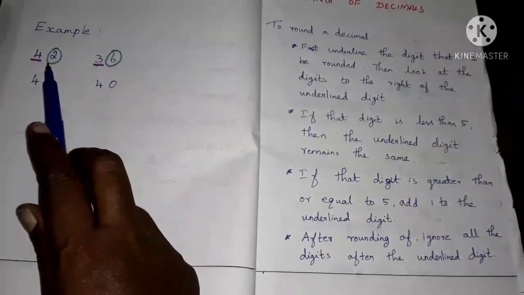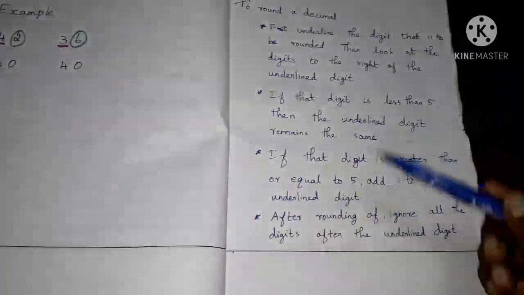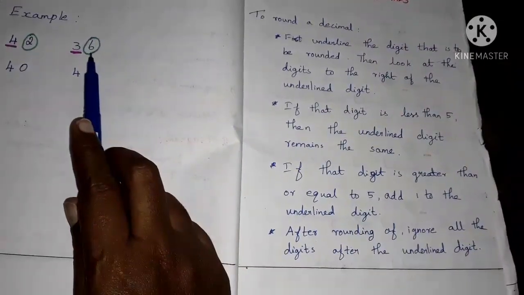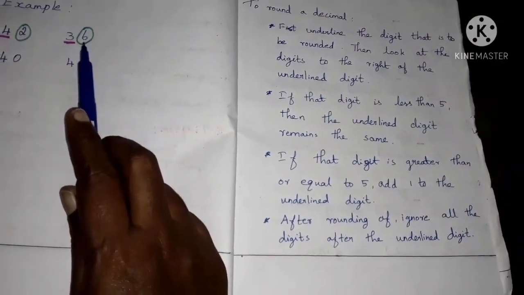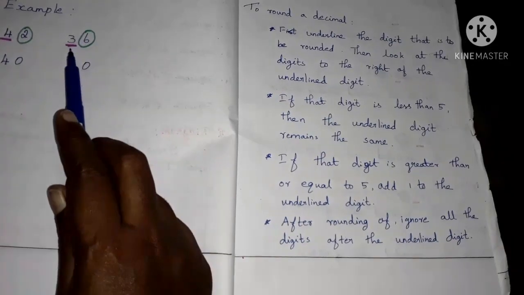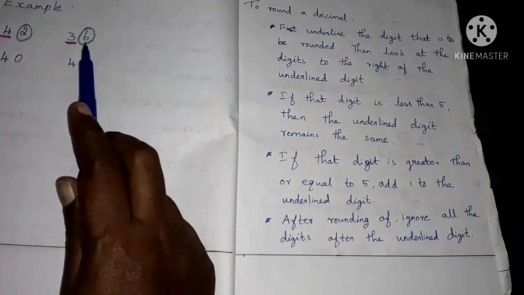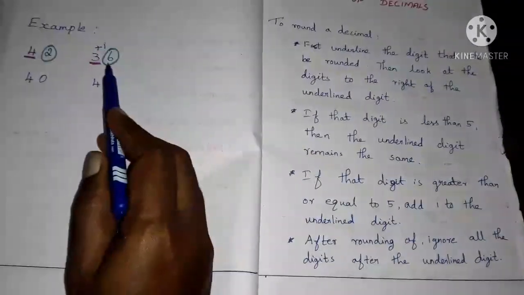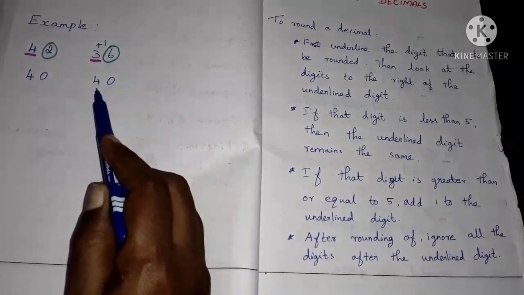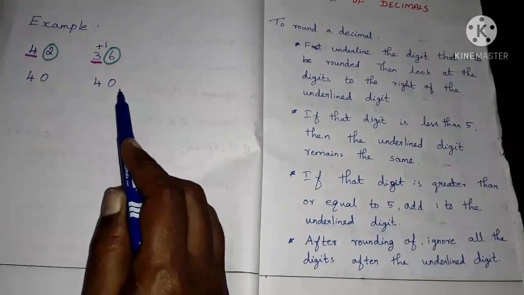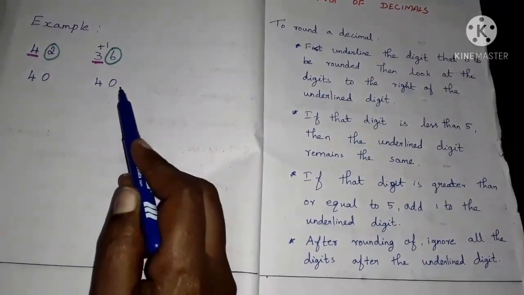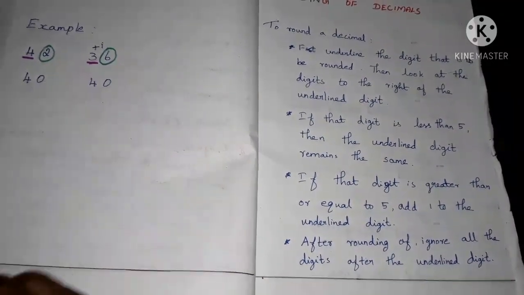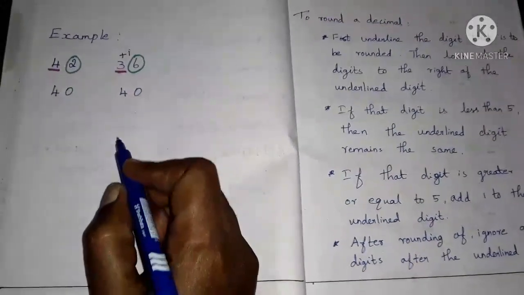Here the rule is, if the digit is greater than or equal to 5, we add 1 to the underlined digit. Now 3 plus 1 is 4. Next, ignore all the remaining digits. So it becomes 40.